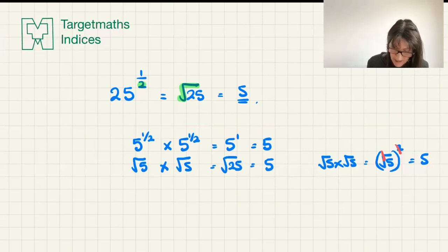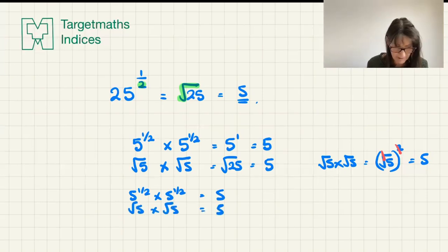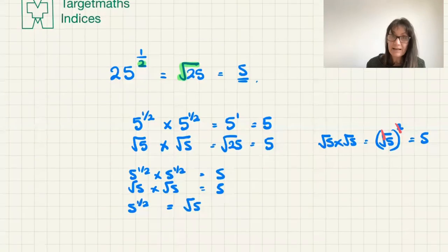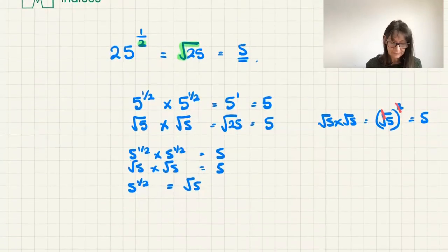So I have these two facts. I have 5 to the power of half times 5 to the half equaling 5. And I have root 5 times root 5 equaling 5. So it follows that 5 to a half is the same as root 5. Okay, let's move that up a little bit. So that's how the fraction kind of works. And I hope that gives you some background and an idea of why it's doing what it's doing.